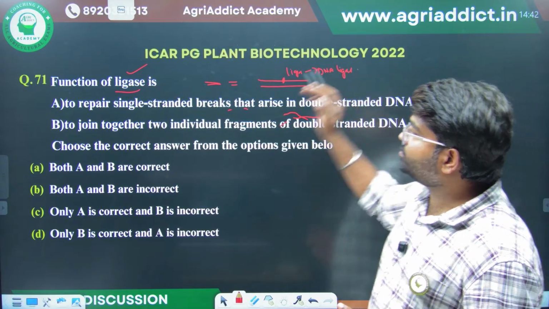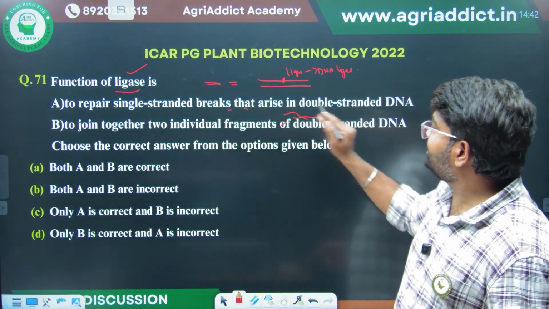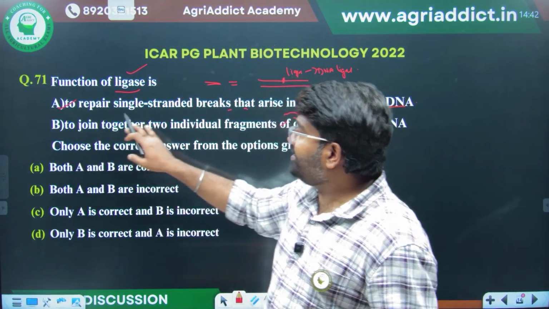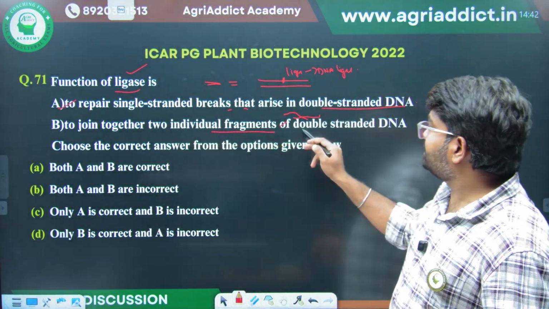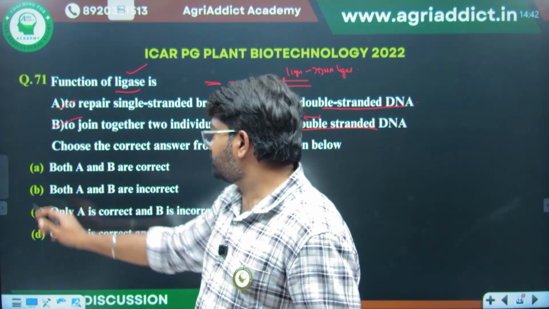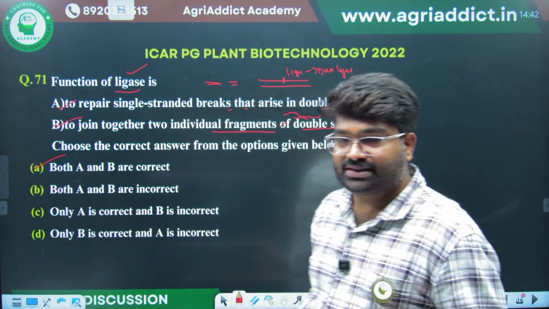So the options are: repair single stranded breaks that arise in double stranded DNA, yes, and join together two individual fragments of double stranded DNA, yes. So both A and R are correct. This is a simple question.